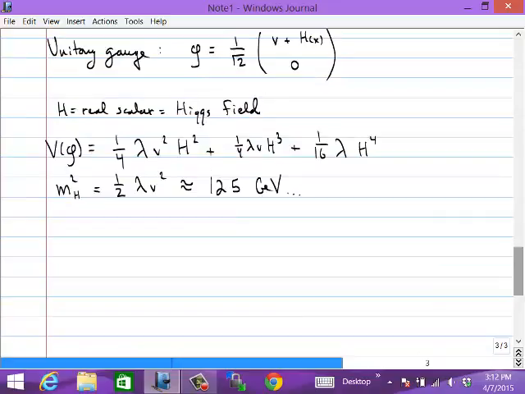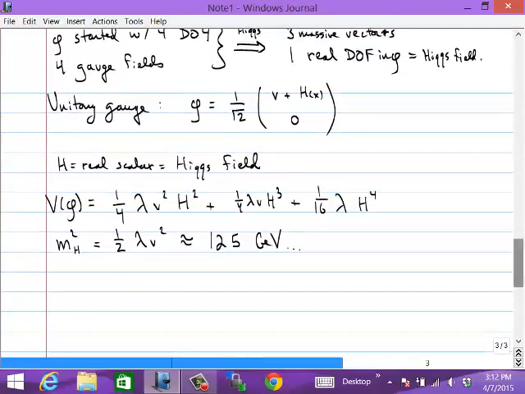So the next thing that I would like to do is understand what the coupling constants, what the dynamics of these W and Z bosons look like from the low energy point of view, from the point of view of electromagnetism.